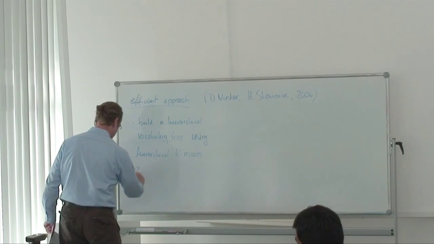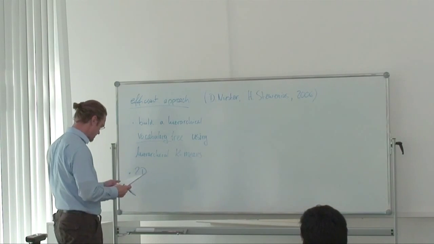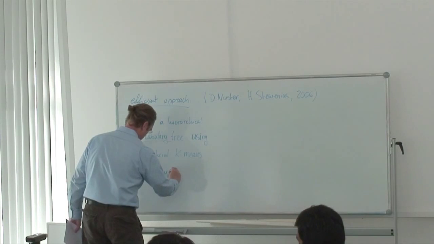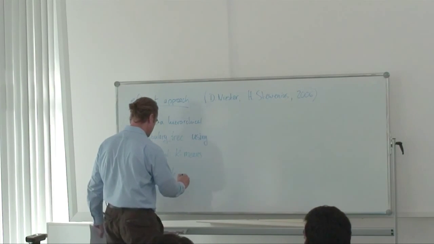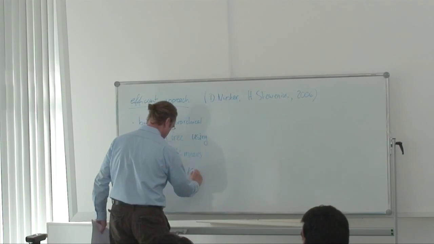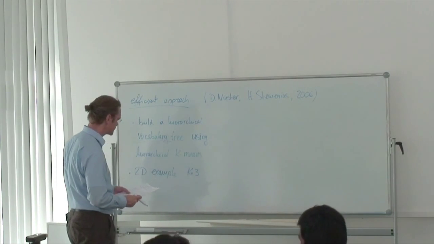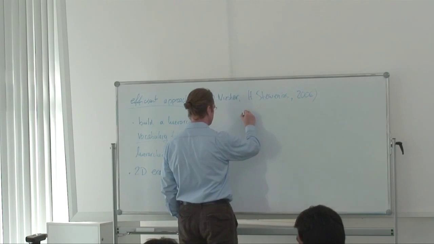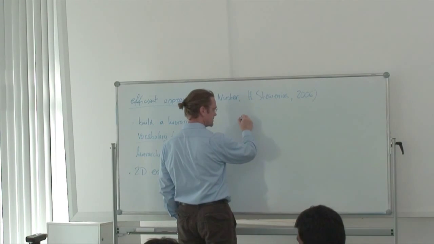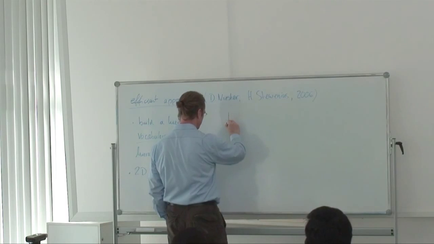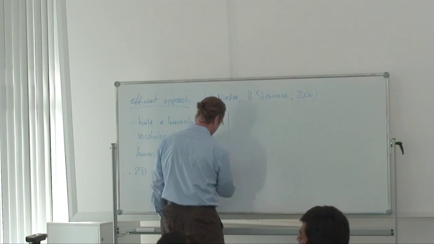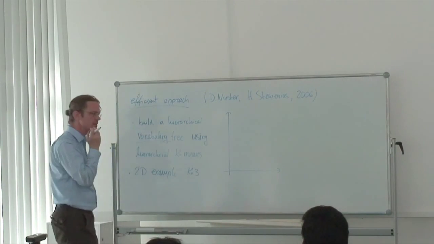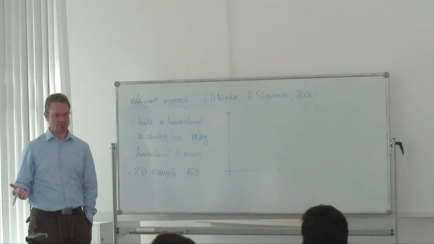This is best illustrated in terms of an example, so I'll provide you with a sketch. Of course I cannot draw 128 dimensions, so let's look at a 2D example where the k in k-means is set to 3. I need some more space. So this is a 2-dimensional space, which of course would be 128 dimensional.